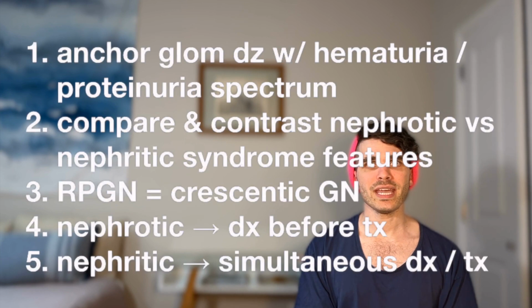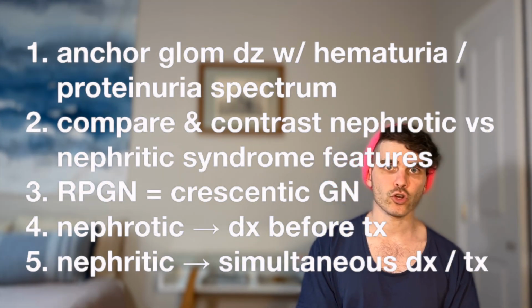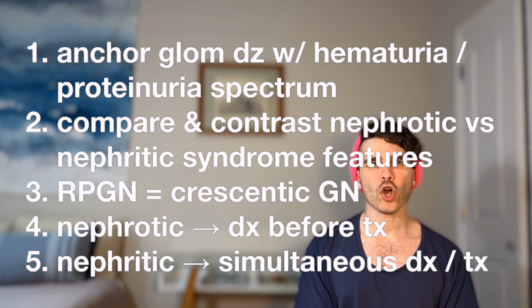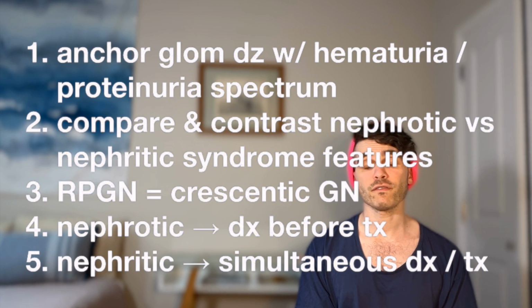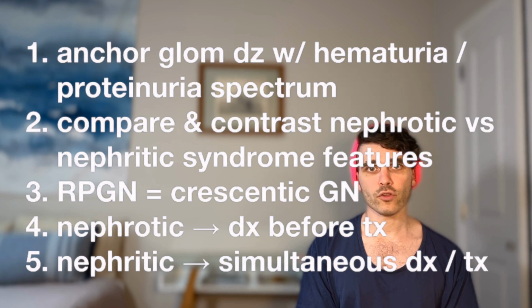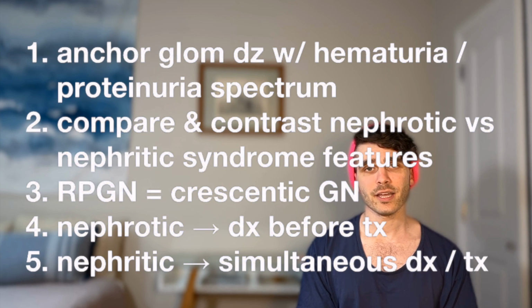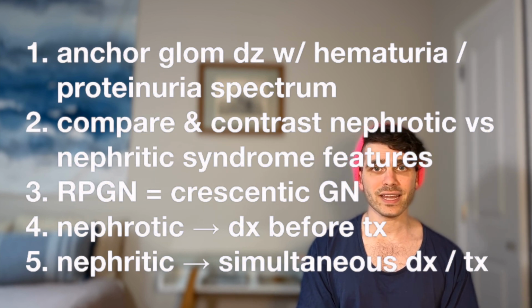Dope. Here's the super quick recap. We anchored our discussion in glomerular basics by saying that we should visualize a spectrum where proteinuria exists on one end and hematuria exists on the other. We talked about the clinical features of the main two phenotypes, nephrotic and nephritic syndrome. We quickly went over a few other vocabulary terms that are bantered about on the wards and specifically highlighted rapidly progressive glomerulonephritis and its histopathologic correlate, crescents.